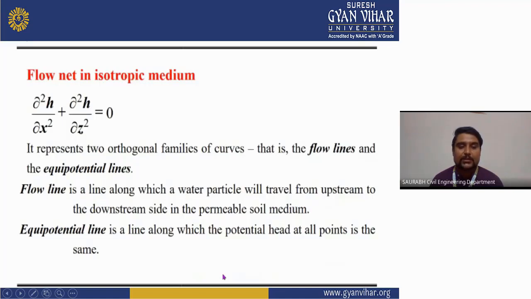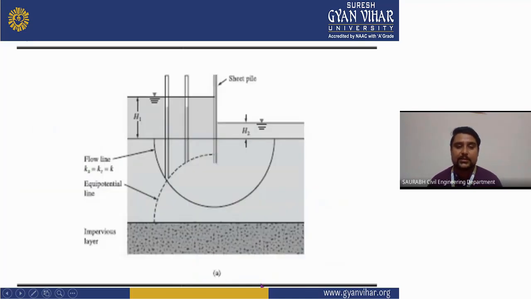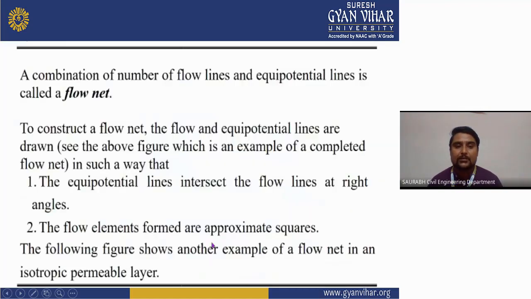And an equipotential line is the line along which the potential head at all points is the same. These two definitions are very important for a geotechnical engineering student, because these questions and definitions will definitely come in your exams. And this is the experimental setup for the calculation of a flow net of a soil sample.